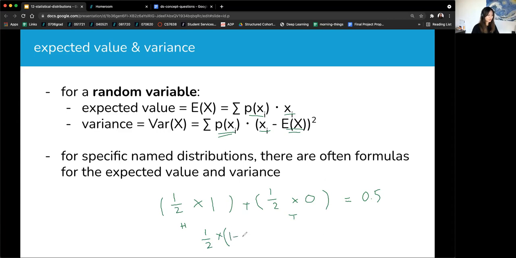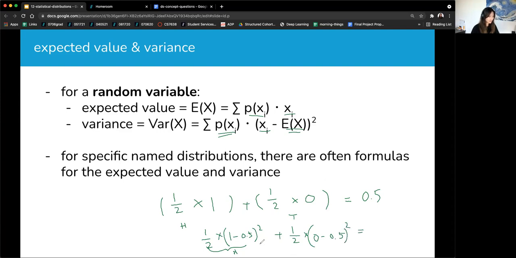So 1 minus 0.5 squared, and then plus 1/2 again. This is for heads. And then here we have 1/2 times 0 minus 0.5 squared.